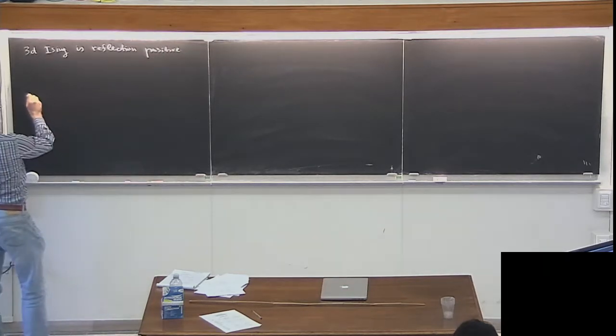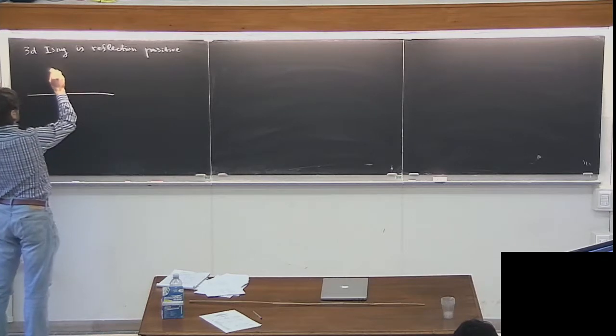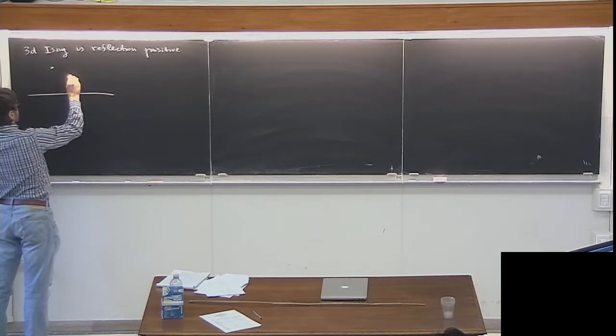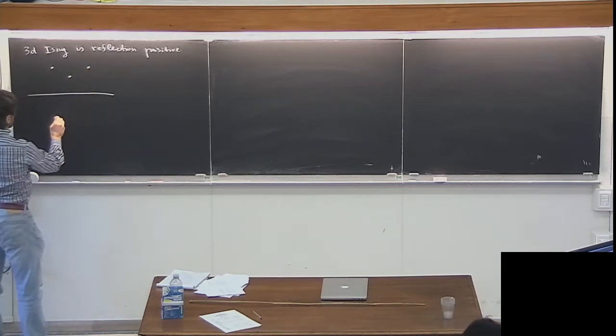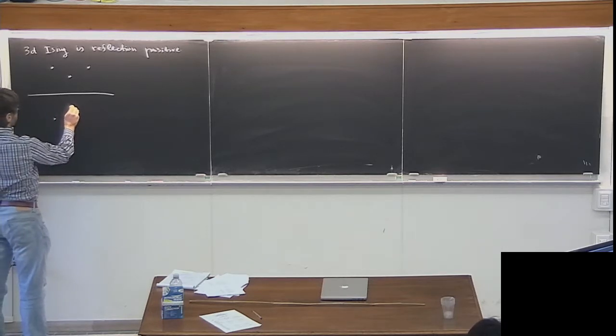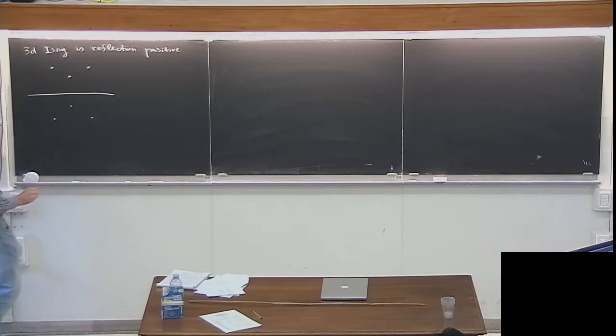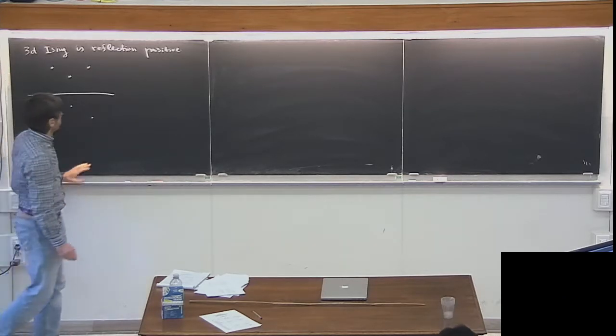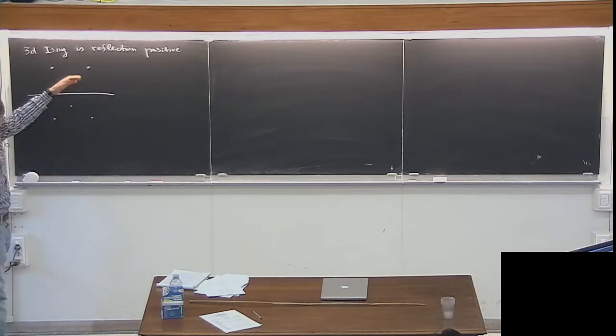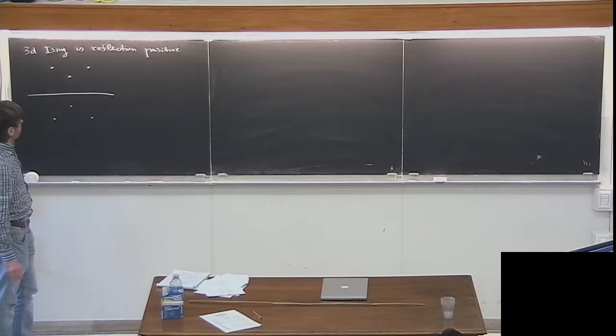So the way you do it is, as I said, reflection positivity means that certain correlation functions, two endpoint functions, where you insert points symmetrically with respect to a plane, are going to be positive. So let's take the Ising model on the lattice, and we want to show that this correlation function is positive.